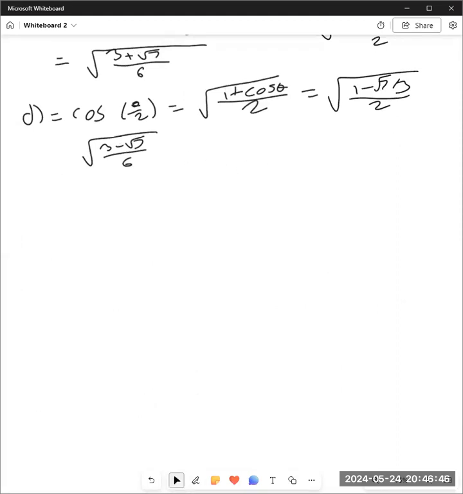E is going to ask us once again for tan 2 theta, which is going to be 2 tan theta over 1 minus tan squared theta.